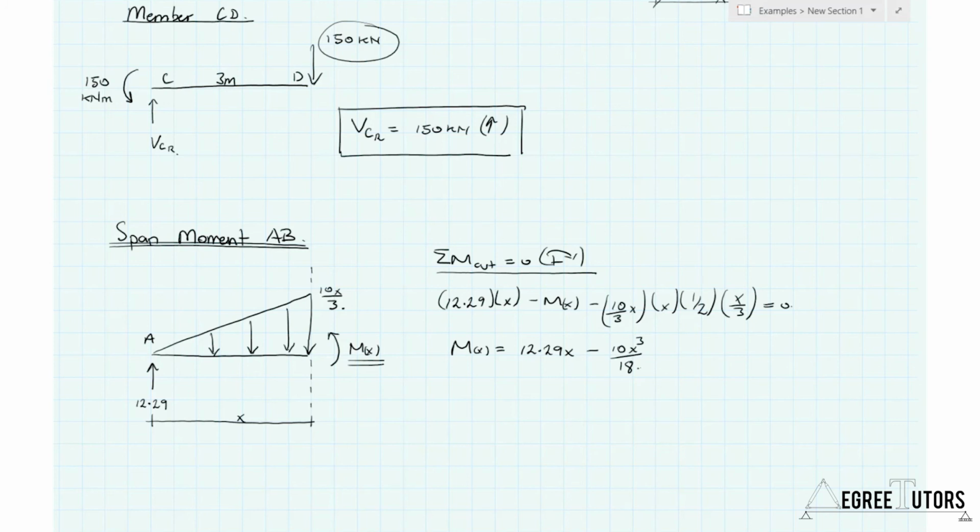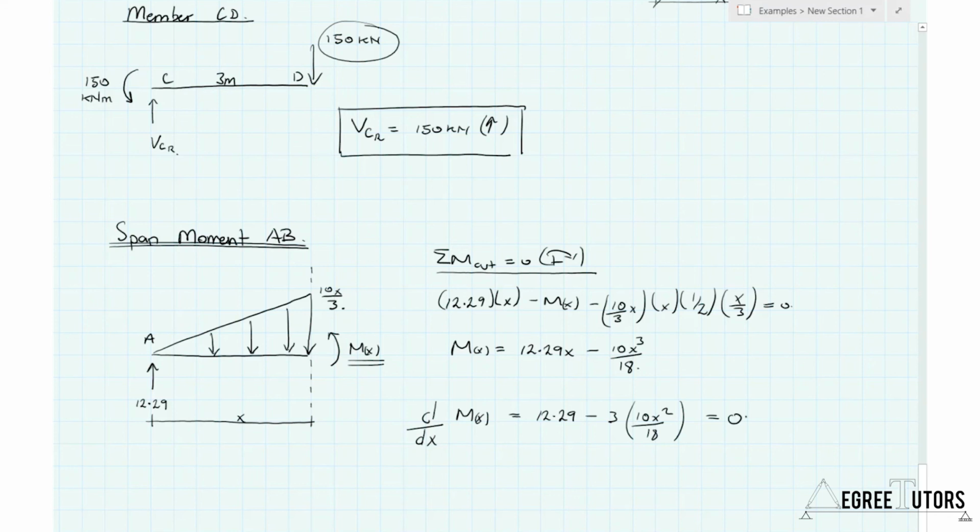This is where our basic calculus comes into play. We have a curve that is a function of x, and we want to find where the local max or min is. To do that, we differentiate with respect to x. So dM/dx, the first differential of that function, gives me 12.29 minus 3 times 10x squared over 18, and that all equals 0.